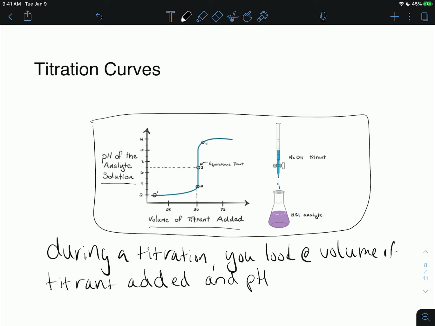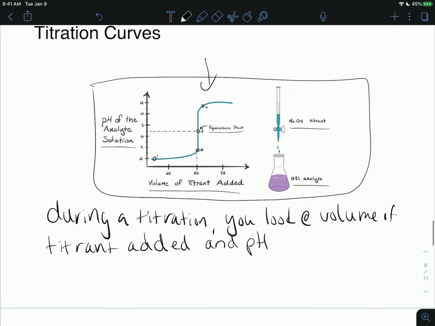So in this case, this is a base titrant and an acid analyte. So we start out at a very, very acidic pH, very, very low pH. And as we add in our titrant, the pH is going to increase until we reach what's called the equivalence point.